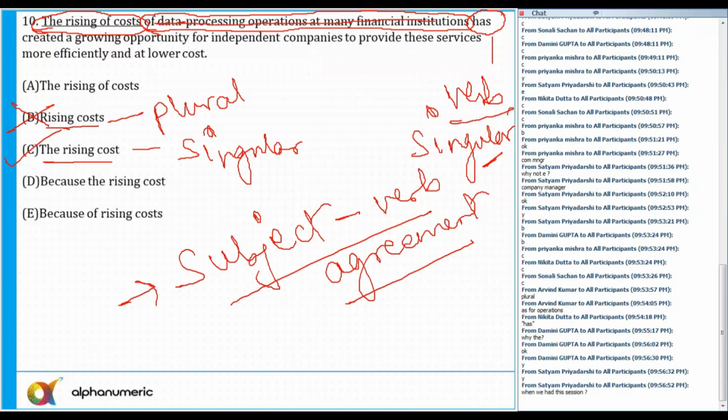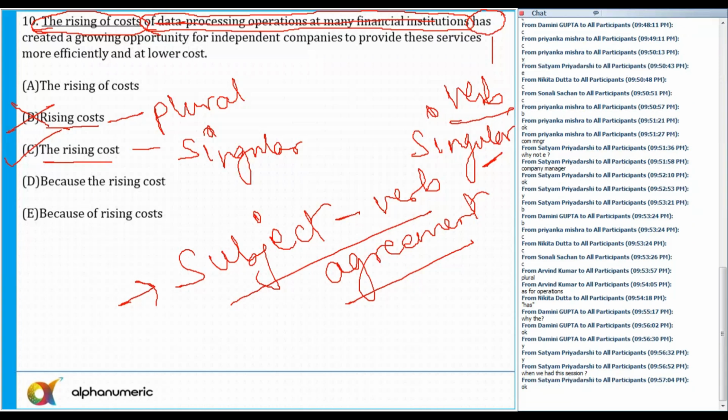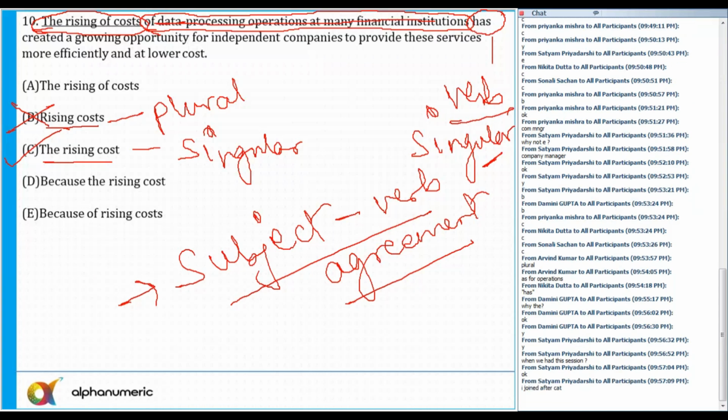It was part of the regular MBA preparation session. We had error correction sessions, around 10, 12 sessions. You joined after CAT. If you have access to the previous videos, you can go through them.